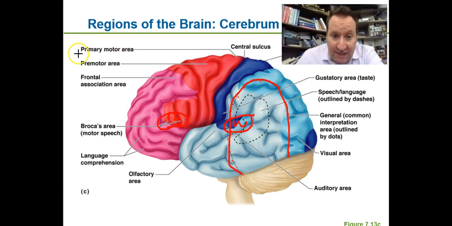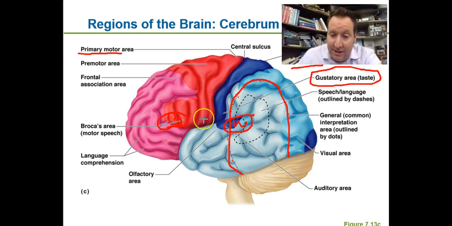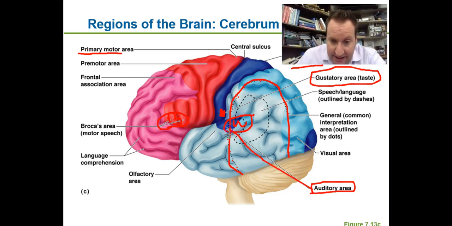We've talked about the primary motor area. We talked about the sensory area that's right here. Gustatory area is our sense of taste, and it's located at the base of the sensory cortex. So at the base of the sensory cortex, this is where our taste is going to be interpreted in our brain. In our temporal lobe, we also have an area right here. That's our auditory area, where our hearing is going to be processed.